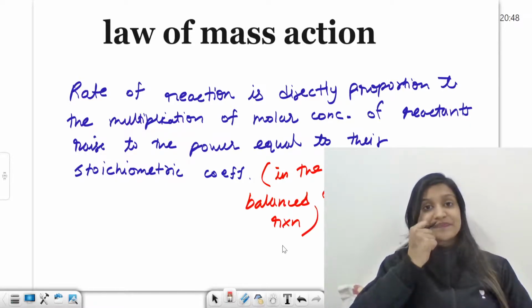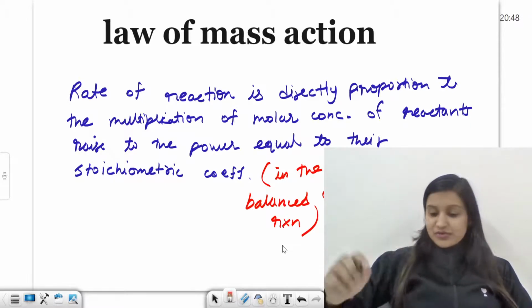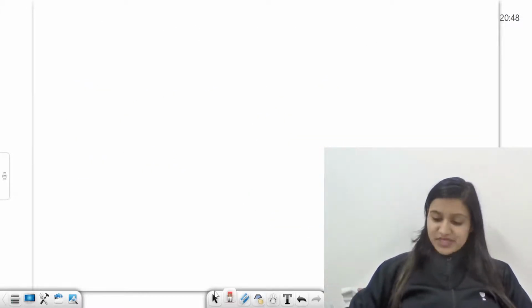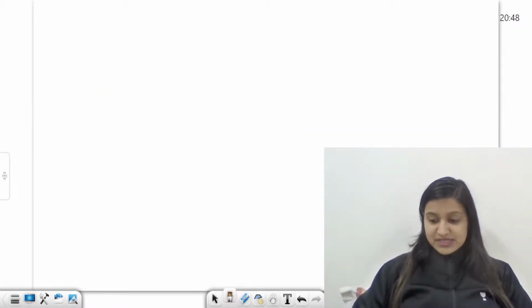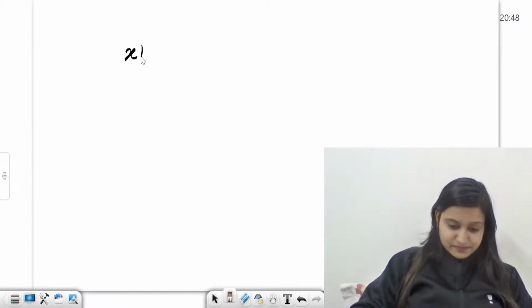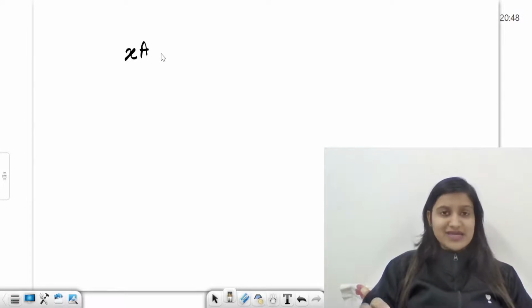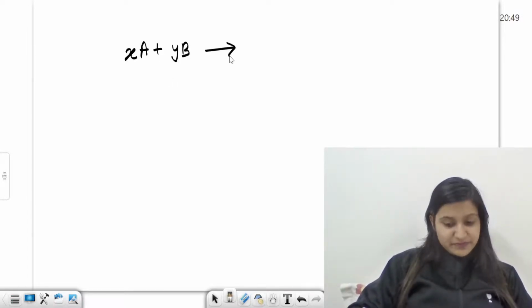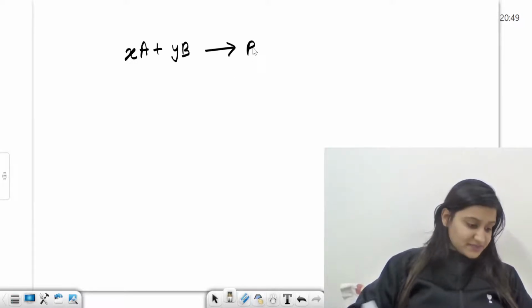All right. Now, let's look at a general example. If I tell you that xA plus yB gives you products, let's talk about the reactants only.